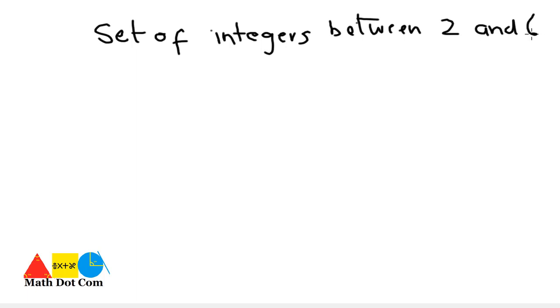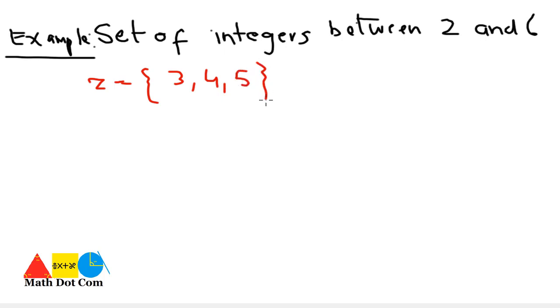It means 2 and 6 are not included in the series. Now we will write it in every form. In tabular form, it will be written as Z is equal to 3, 4, and 5.